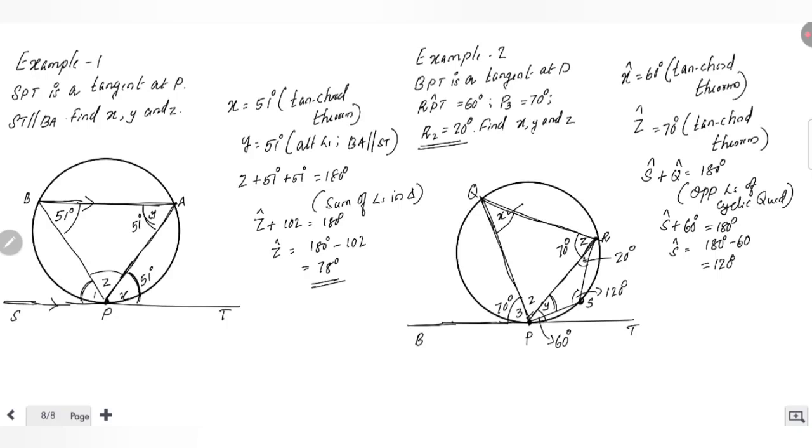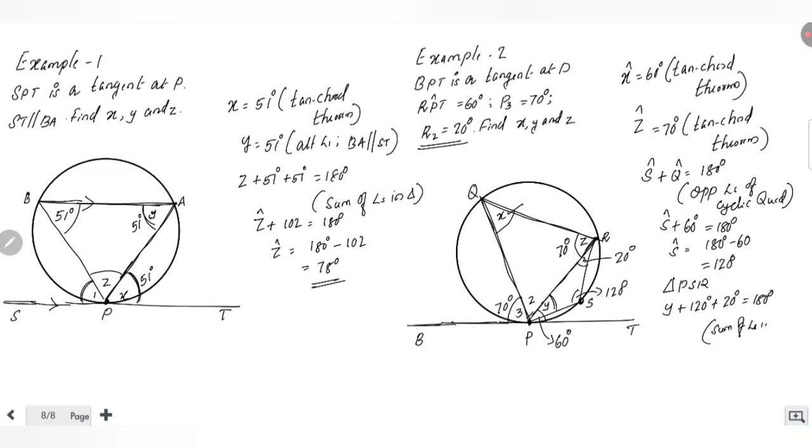Now we can easily find the value of Y. How do you find it? Look at the triangle PSR, where Y we don't know, but the other two angles we know: 120 degrees plus 20 degrees. The reason is sum of angles in a triangle.